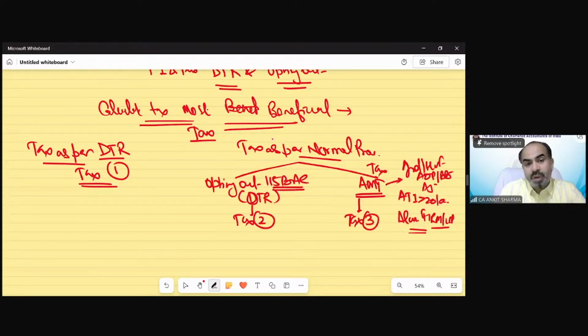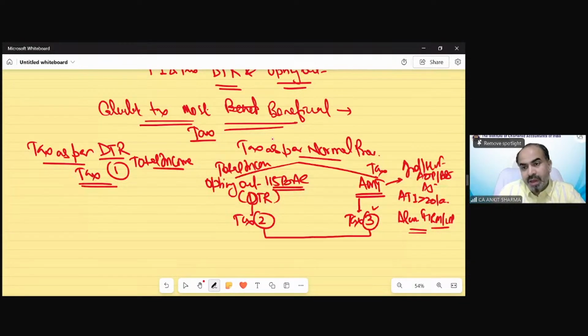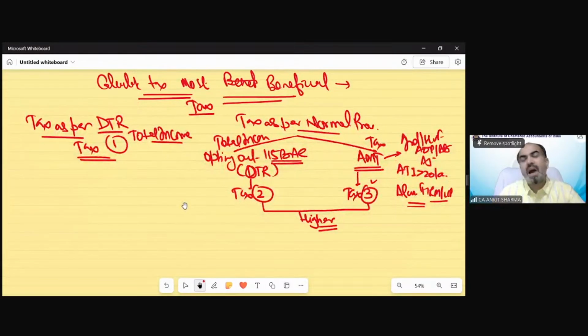Now you have three incomes: total income as per default tax regime, total income as per optional tax regime, and adjusted total income as per AMT provision. Now we have calculated the tax. Of tax 2 and tax 3, we have to select the higher one.